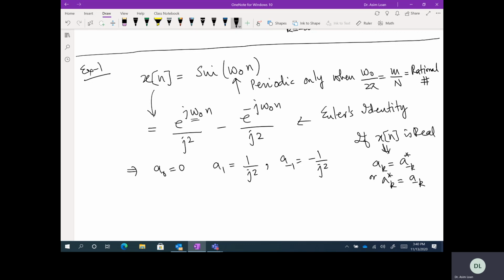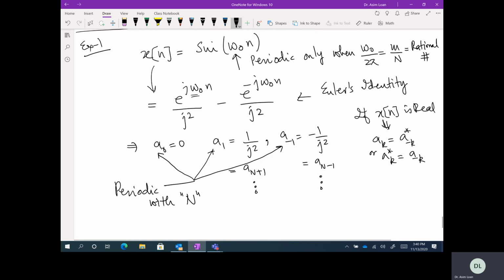And this is not the only case. a_1 is actually equal to a_{N+1}, and so on, and this is equal to a_{N-1}, and so on. So these are periodic with N. This is the difference here.